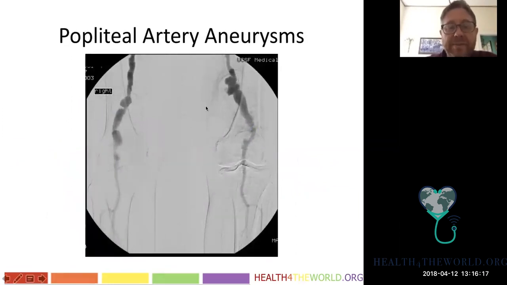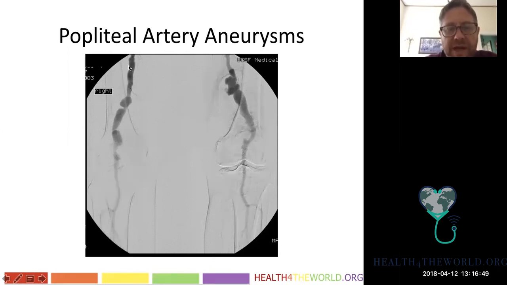Popliteal artery aneurysms can be seen. This is a bizarre looking angiogram, and the reason it's bizarre is because of this very irregular appearance of the popliteal arteries in the distal SFA. And the reason they're irregular is because the wall is actually expanded, and there's just mural thrombus creating a flow lumen for arterial flow to get down through it.